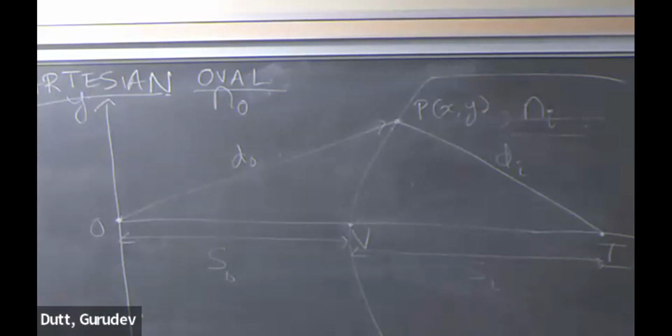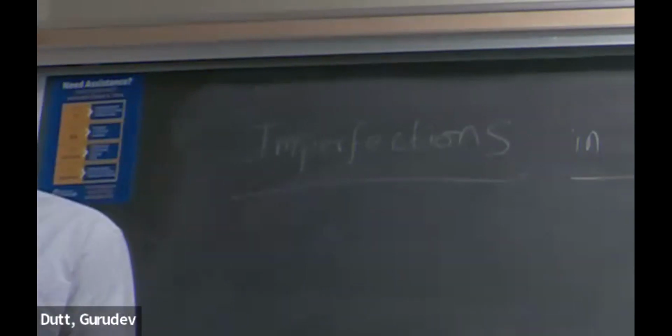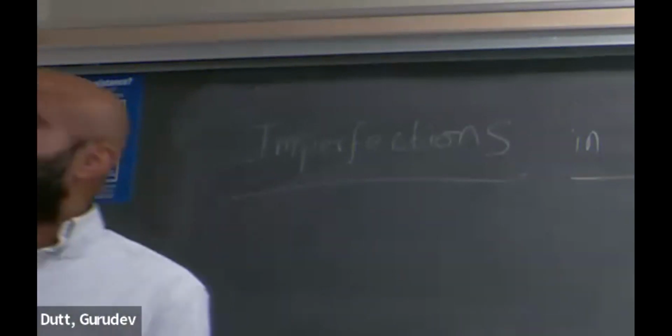Confusingly, one of those aberrations is called spherical aberration, which isn't very helpful because it sounds like it's due to the fact that the thing is a sphere, but in fact it's because it's not a perfect A-sphere, not a perfect Cartesian surface. It should really be called aspherical aberration.